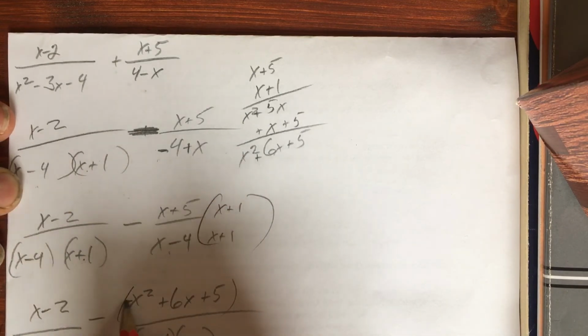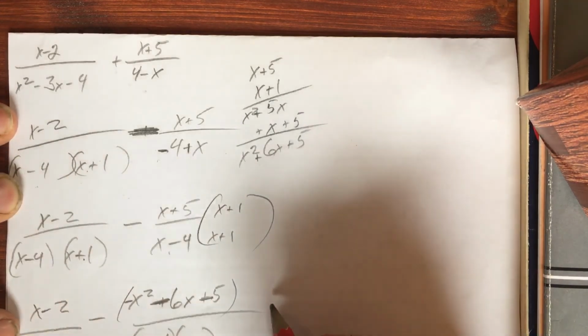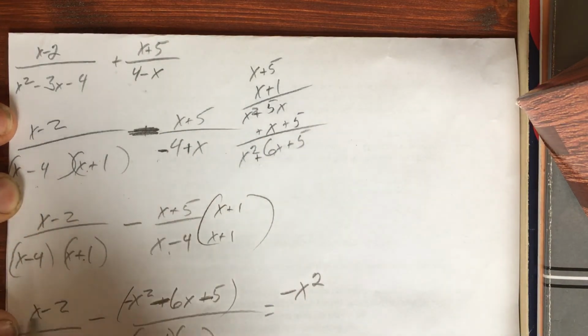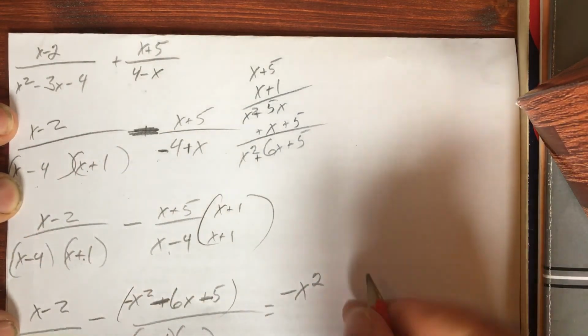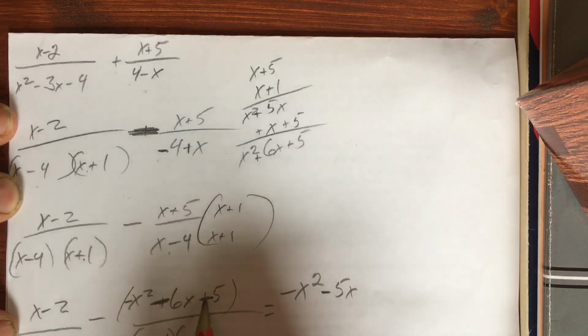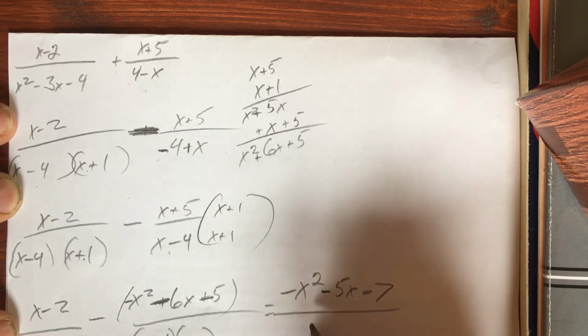So we're going to change this to a negative, we're going to change this to a negative, and change this to a negative, and now we can add. And what we're coming out with is a negative x squared. If we take x and negative 6x, we get negative 5x, and we take negative 5 and negative 2, we get negative 7 over x minus 4 and x plus 1.